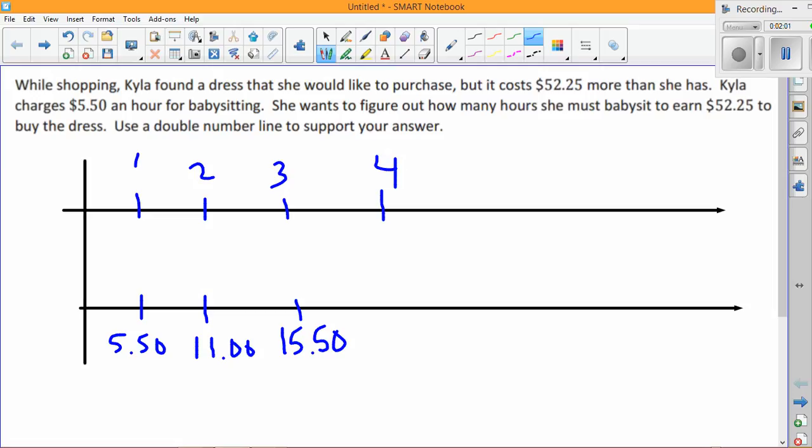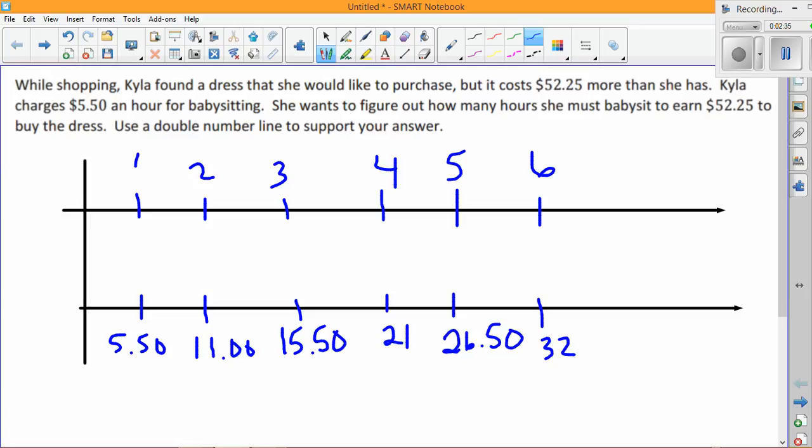At 4 hours, $21. At 5 hours, she's going to make $26.50. At 6 hours, $32. And now we're up to the point where I'm running out of a little bit of room.